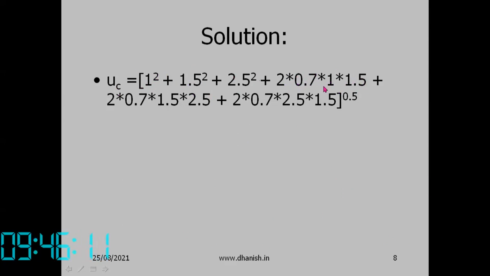So this is one pair of terms. Then second pair of terms, 2 into 0.7 into 1.5 into 2.5. Then third pair is 2.5 and 1.5.